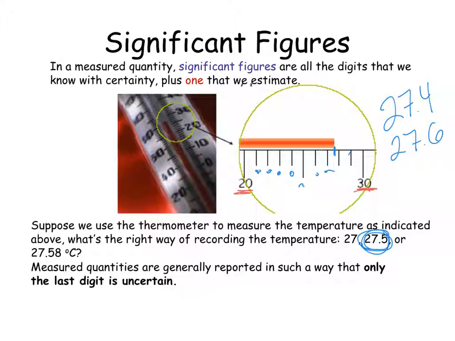So when you do calculations, it's important to know what numbers are significant. That's all the known digits plus the one estimated digit, okay? Because which numbers are significant comes into play with how you report a calculated answer.